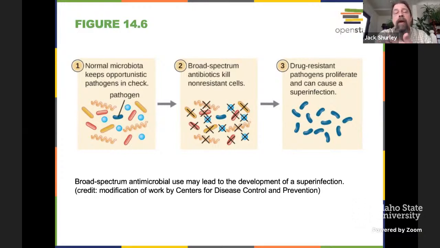Taking the full course might knock their population down enough, maybe not completely eliminating them, but enough that you get to this situation where there's a lot of the good guys and very few of the bad guys, and everything's relatively fine, right? But given that circumstance, only taking a partial dose creates a bigger population of these bad guys. And so now instead of just one of them, maybe half of this image right here are the bad guys. And that sets the stage for them to replicate.